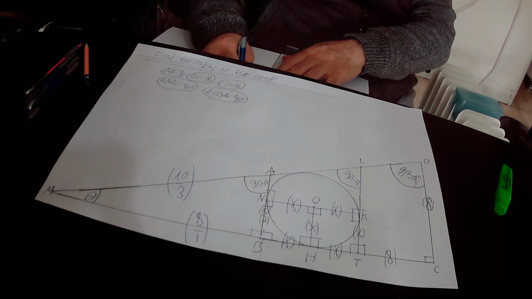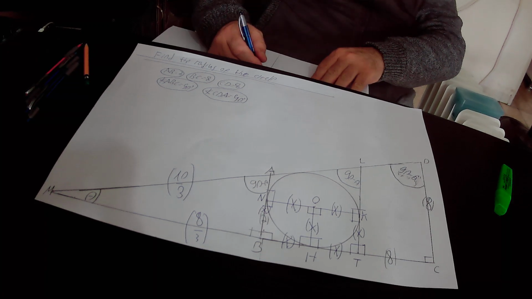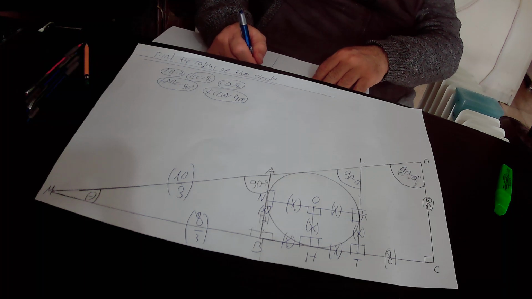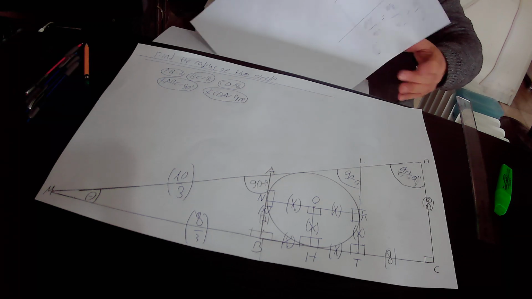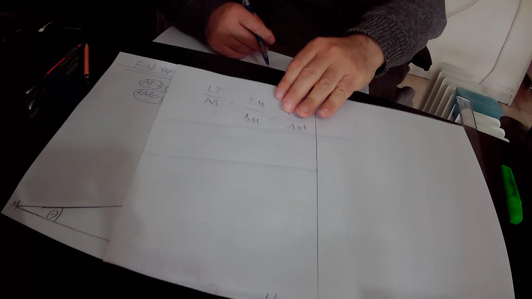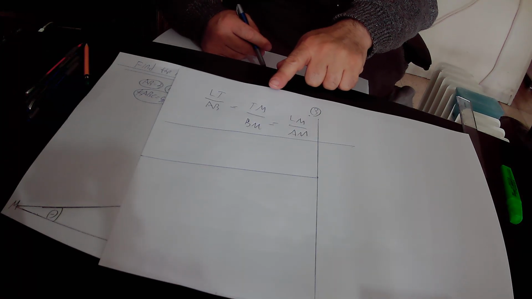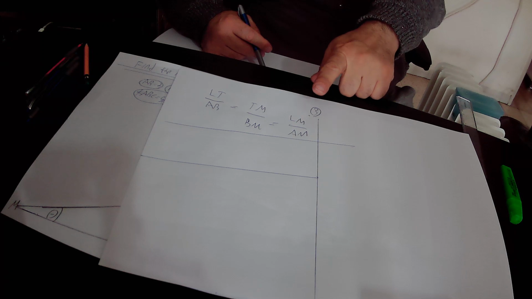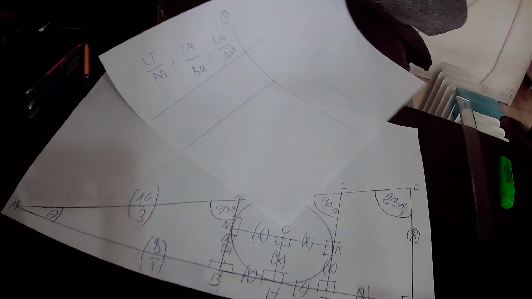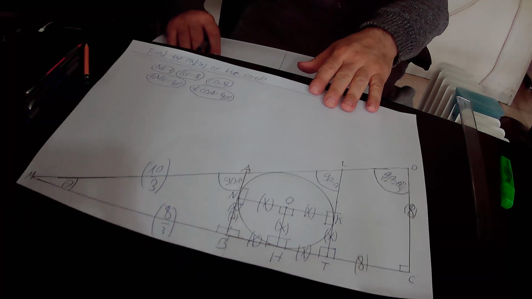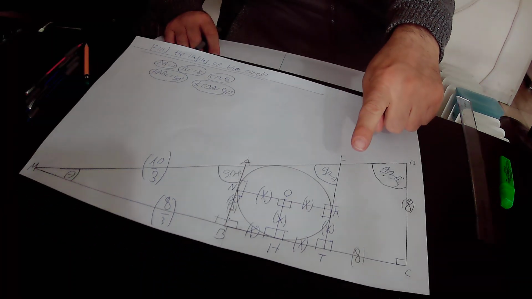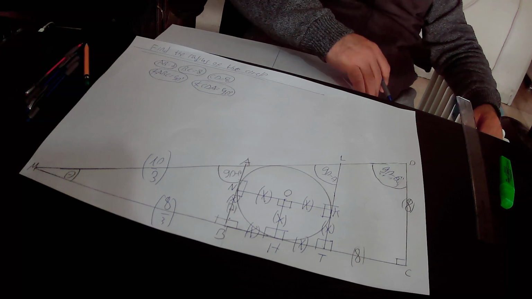Repeat again. We found out actually that LT over AB equals TM over BM equals LM over AM. LT is the missing side, so we leave it as it is.